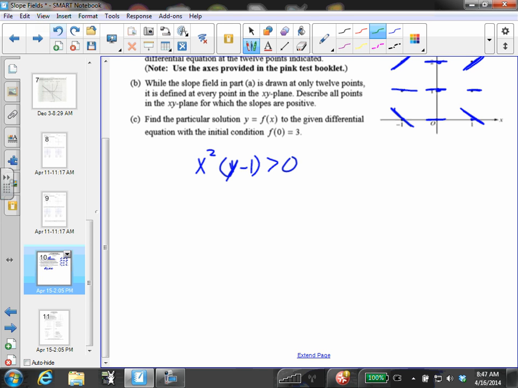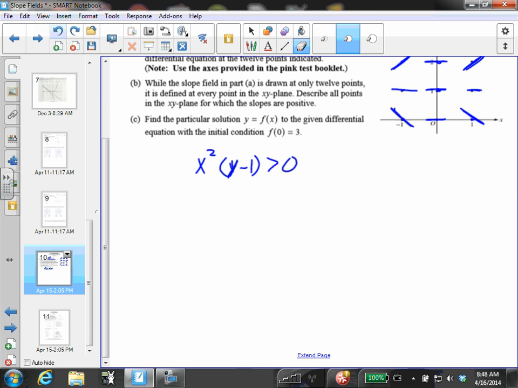If we want this stuff to be greater than 0, then what we need is for either both of these numbers right here to be positive, or for both of the numbers to be negative, okay? Because if we multiply a positive times a positive, we'll get something greater than 0. And if we multiplied a negative times a negative, we would get something that would be greater than 0. So those are the two options that we need to think about.